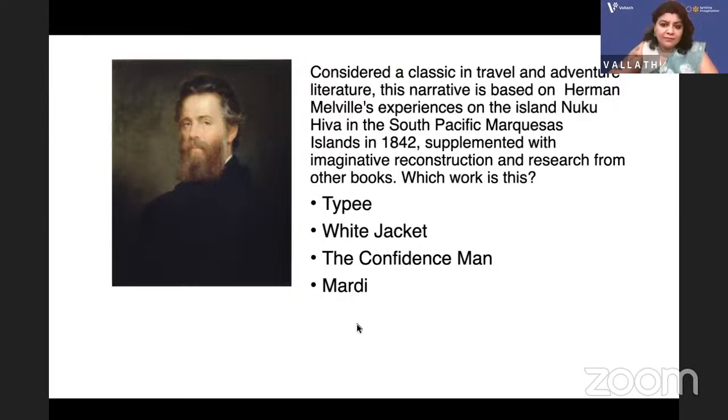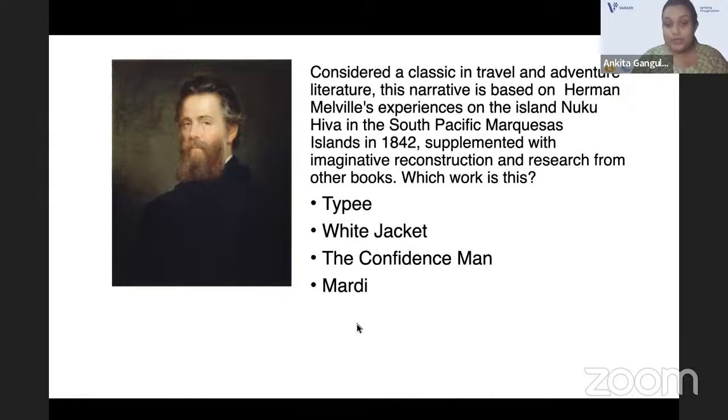Considered a classic in travel and adventure literature, this narrative is based on Herman Melville's experiences on the island of Nuku Hiva in the South Pacific Marquesas Islands in 1842, supplemented with imaginative reconstruction and research from other books. Which work is this?